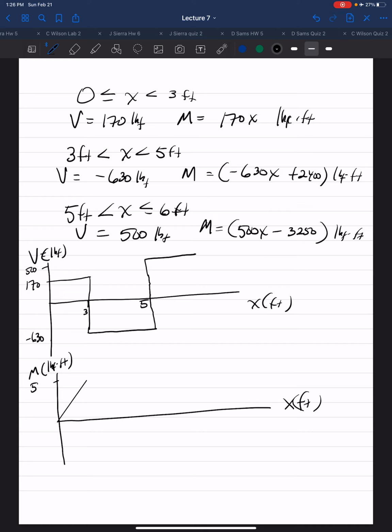This range is 510 pound force feet. This is minus 750 pound force feet. It's minus 250.